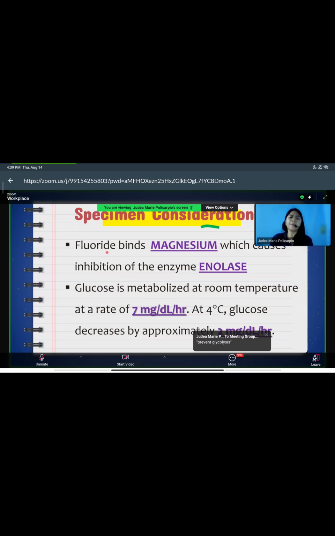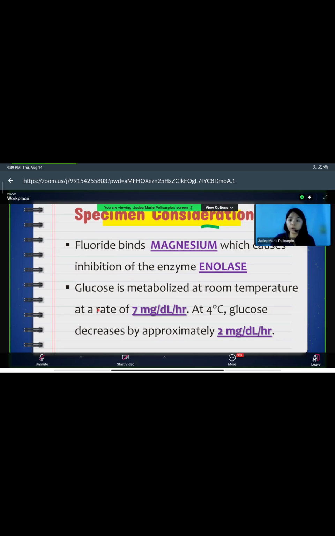Okay? Ma'am, gaano ba ka-importanteng i-prevent si glycolysis? Importante ba talaga, ma'am, na i-prevent si glycolysis? Yes, kasi si glucose, pag iniwan mo yan at room temperature, glucose is metabolized at a rate, recall question to, of 7 milligrams per deciliter per hour.